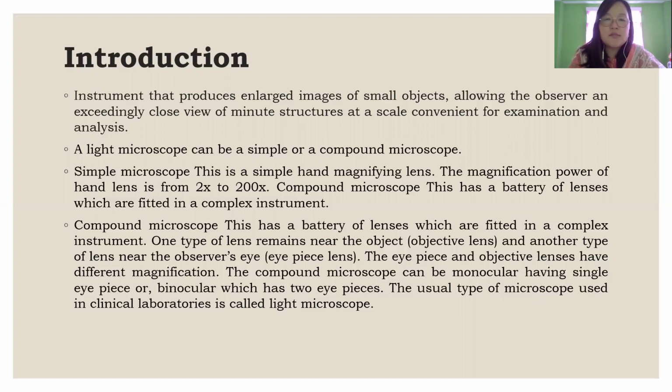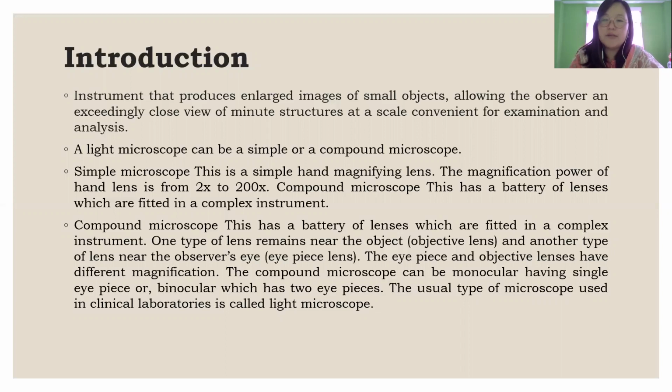A simple microscope has a magnification power of 2x to 200x, but a compound microscope has a different kind of objective for magnifying the image, and it has two types of lens, one near to the object and the other near to the observer's eyes. A compound microscope can be monocular or binocular.